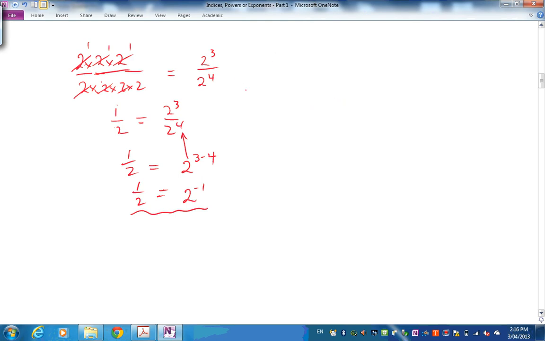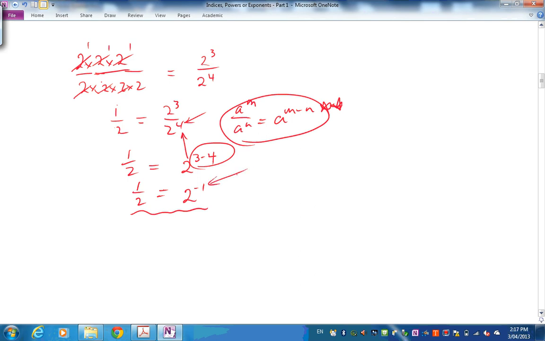So if we keep pursuing this rule, a to the m on a to the n is a to the m take n, a second oddity comes up. If there's more of the base in the bottom line, then you're going to get a negative power. Make a decision. Are you going to stick by this rule and keep sticking by it? If you do, you're going to come up with a negative power.